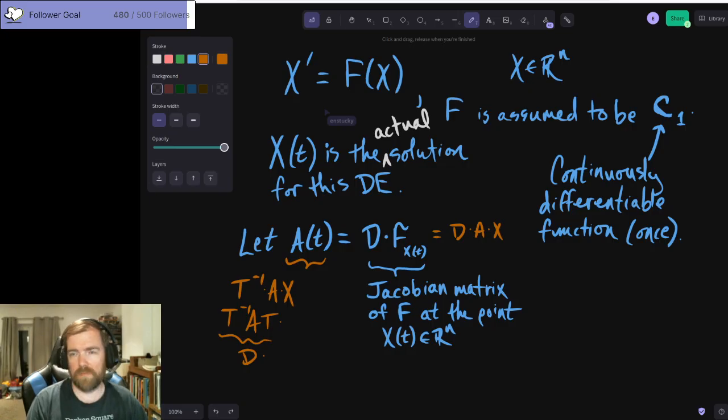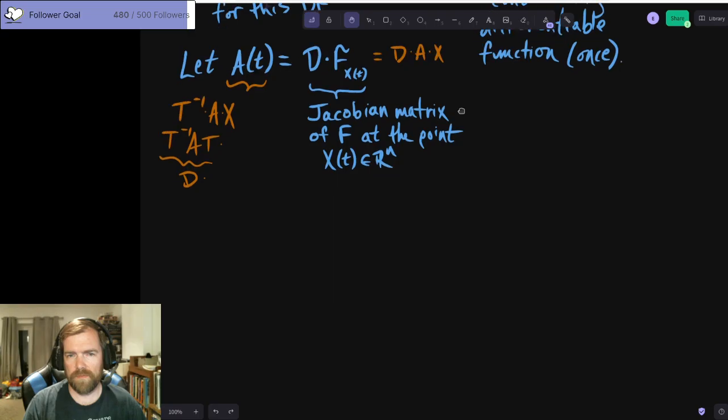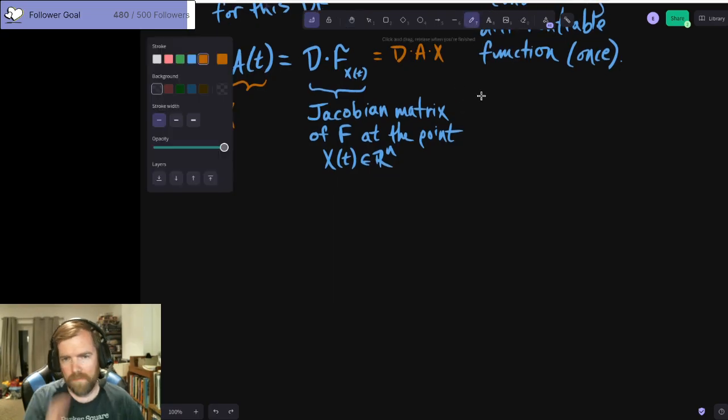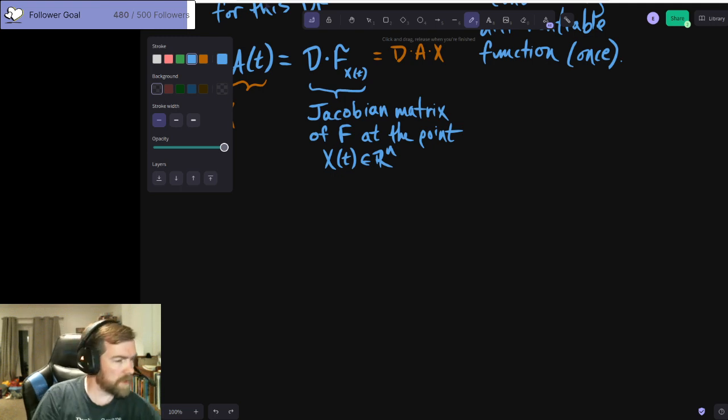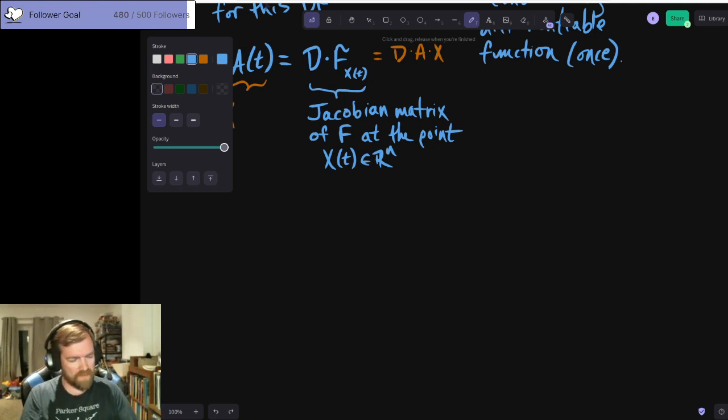Okay. So all right, we're looking at a Jacobian matrix of f at the point x of t in our real space. Then we're saying that this is going to be a continuous family of n by n matrices.